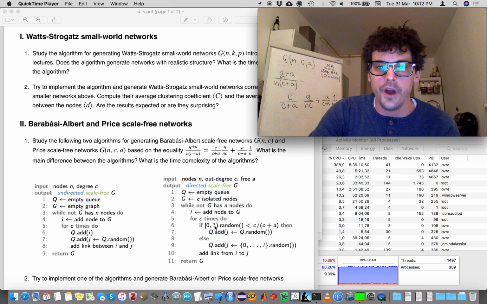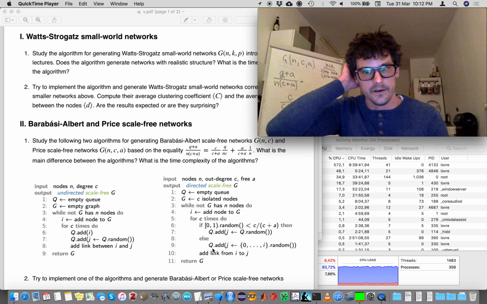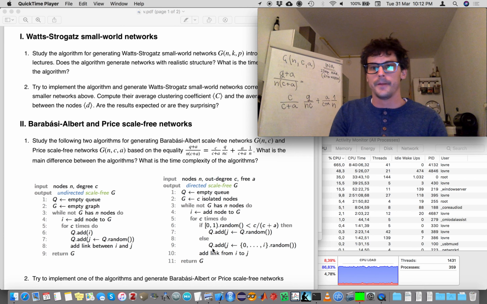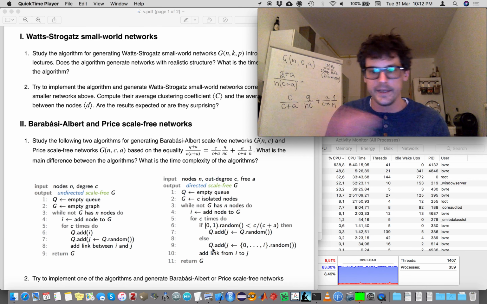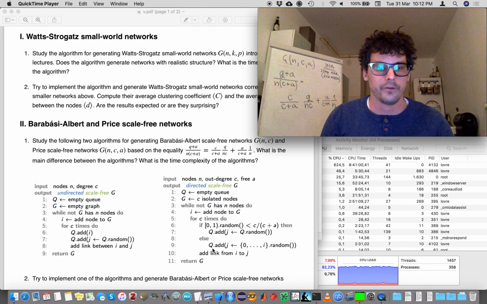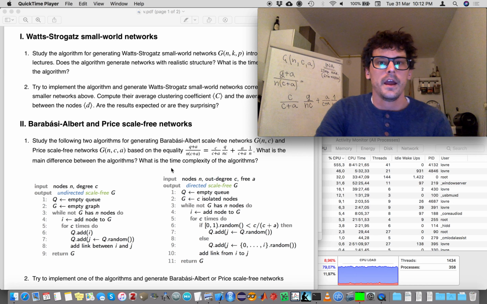And as before, on each step, I am also updating this queue, to keep the indices of the nodes there appearing as many times as the in degree of the node. And this is basically it.